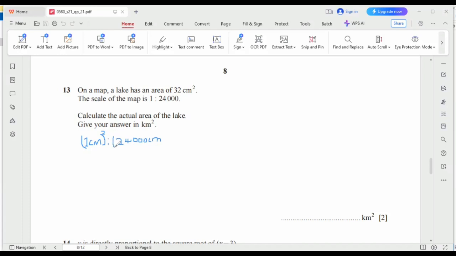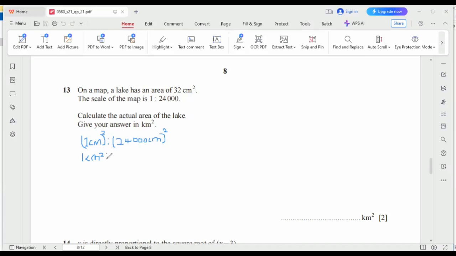Then you square this to get the area scale. So when you square 1 cm, you get 1 cm squared. Remember, you could also use any other unit of length. I'm using cm because the question is in cm.